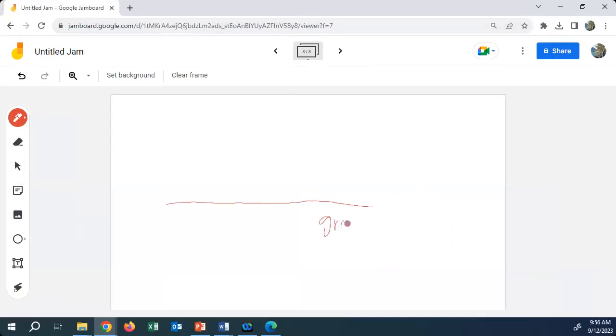Ground. How can we write the ground? Ground. Good. And the person. Normal force and gravity.